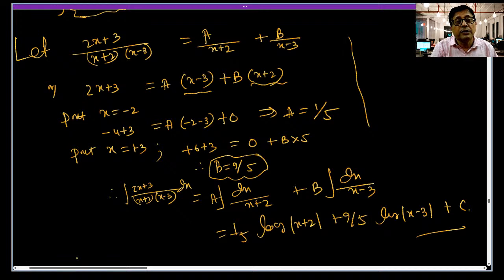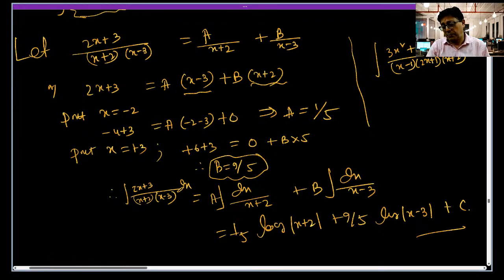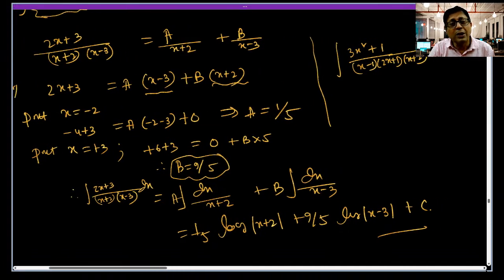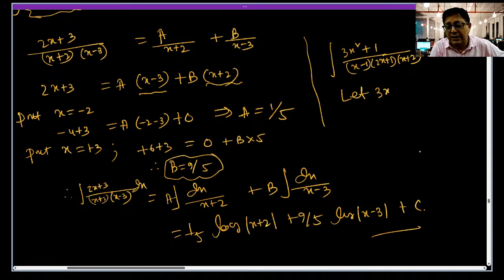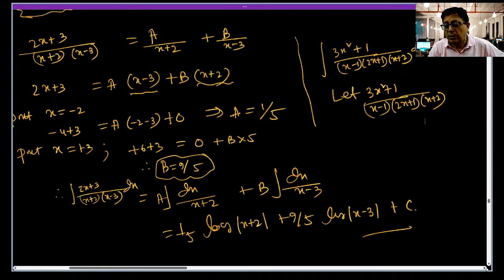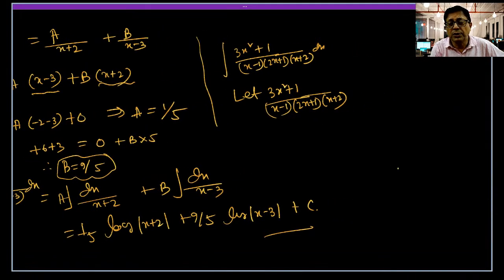So this way you can simplify the integrand. Even if there is a product of 3 factors, say an integrand of this form: (3x square plus 1) by (x minus 1)(2x plus 1)(x plus 2) dx. How to do this? Product of 3 factors. No standard integral formula will work. So what you have to do? You have to write in the same manner. The integrand, let (3x square plus 1) by ... x plus 2 is equal to what?